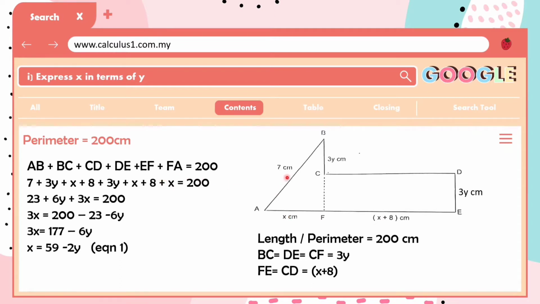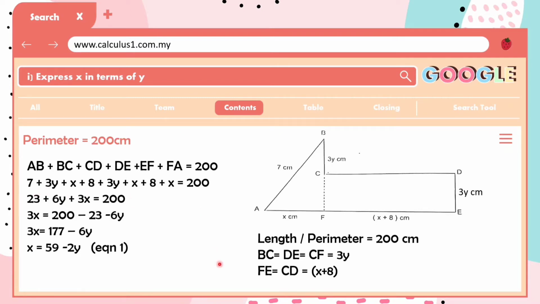For AB, we have 7 centimeter. For BC, we have 3y centimeter. For CD, we have x plus 8 centimeter. DE, we have 3y centimeter. EF, we have x plus 8 centimeter. And lastly FA, we have x centimeter. And it is equal to 200.